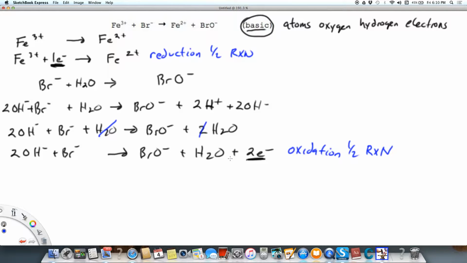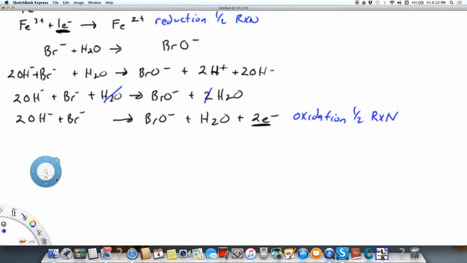So now what I want to do is add together my last 2 equations, my oxidation equation and my reduction equation. The problem is, if you look at this equation up here, I need to cancel out my electrons on each side, just so there's no electrons in the equation at all.